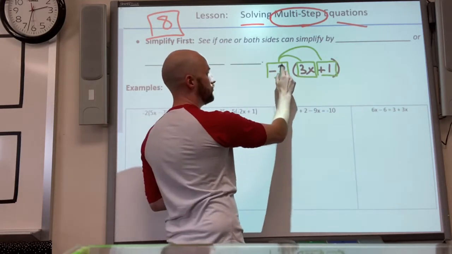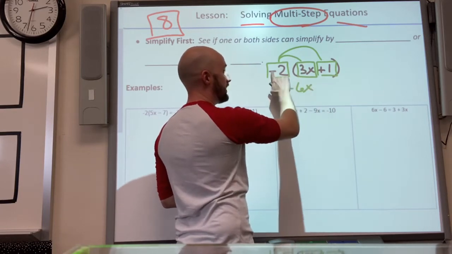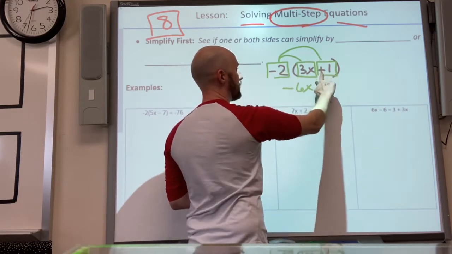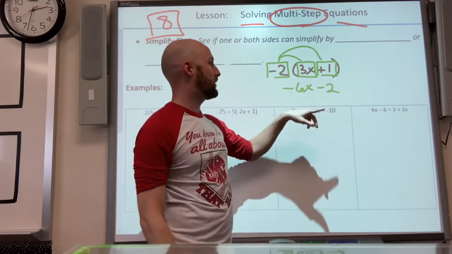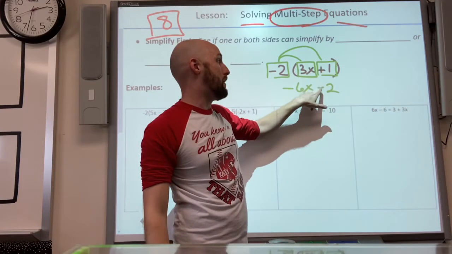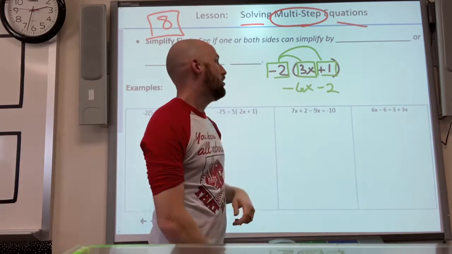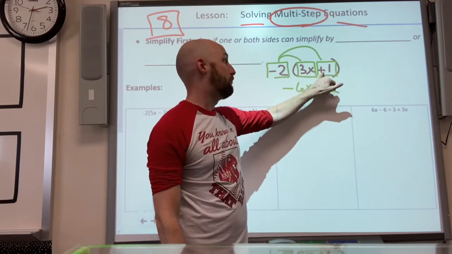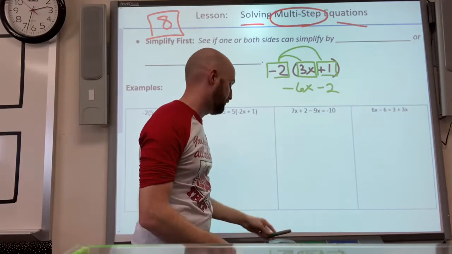Okay, so negative 2 multiply 3 is negative 6x. Negative 2 multiply plus 1 is minus 2. Okay, so just because you see a plus here, maybe the answer is minus, depends how it multiplies. Okay, so aunque aquí hay un más, tal vez puede ser menos, depende del resultado de la multiplicación.